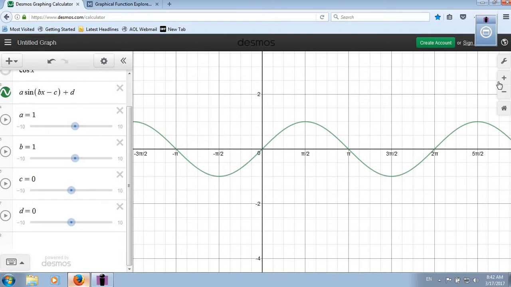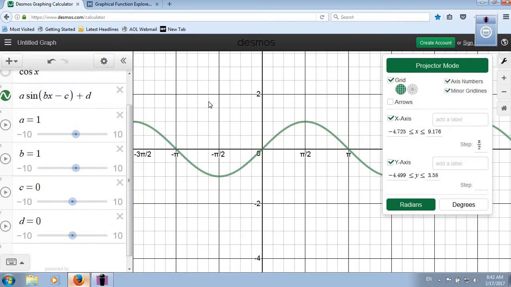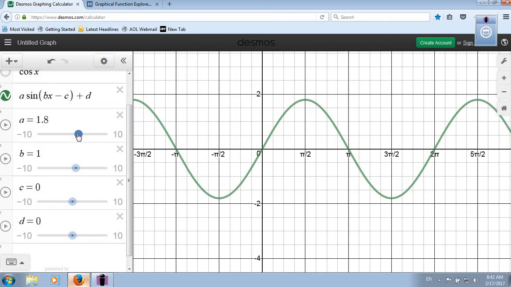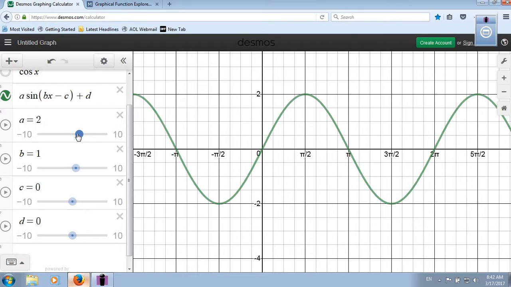So this is exactly what the graph of sine x looks like. Let me make it a little thicker so you can see clearly. Now, what happens when we change the amplitude? I would expect the graph to become wider in the y direction. As you can see, we change amplitude to 2.